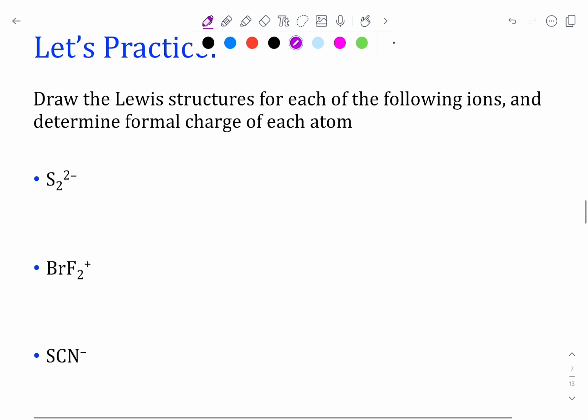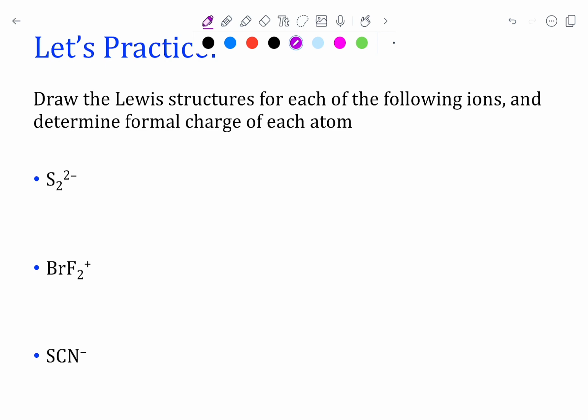Let's do a few more where we first draw out our Lewis structures and then determine our formal charges, because for a lot of our formal charges, we have to determine our Lewis structure first. And if we don't have the right Lewis structure, then we won't have the right formal charge.